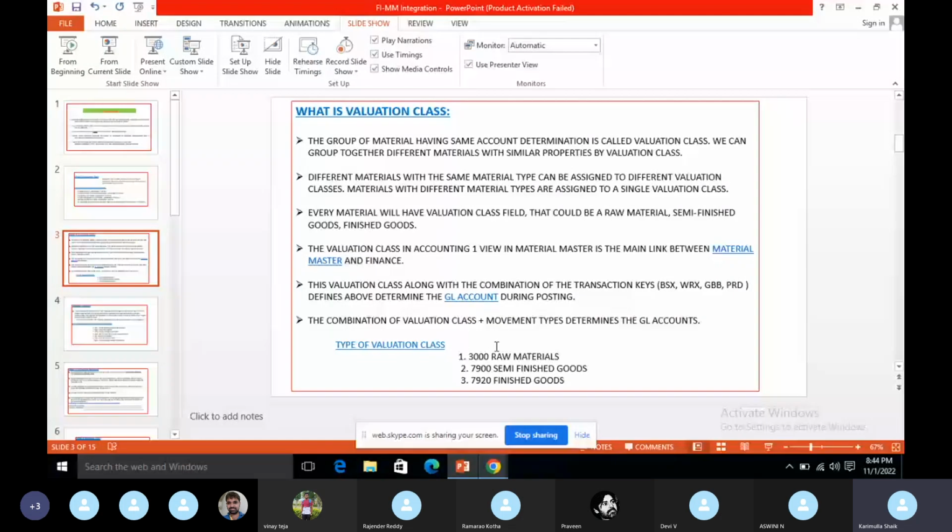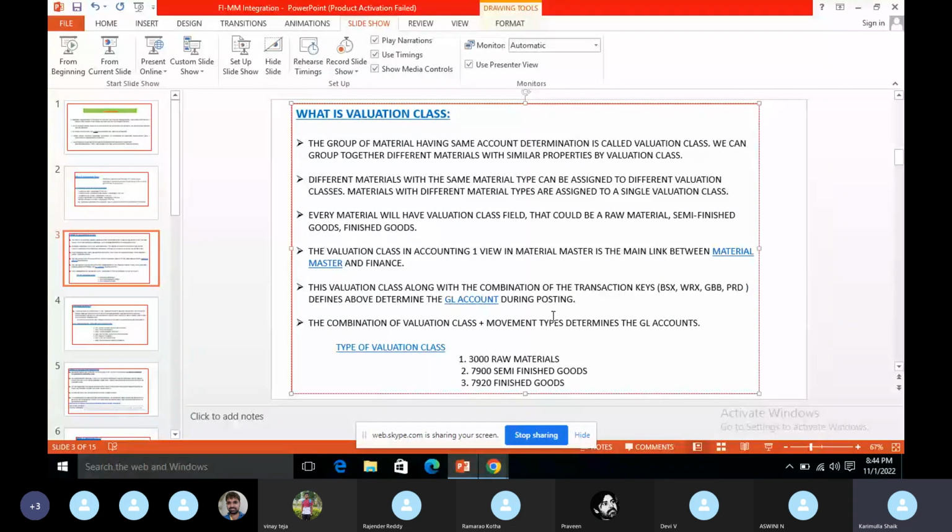There are a few types of valuation class which I have mentioned here. 3000 is raw materials, 7900 is semi-finished goods, 7920 is finished goods. A few transaction keys are BSX, WRX, GBB, PRD.